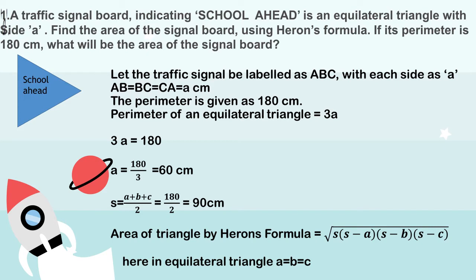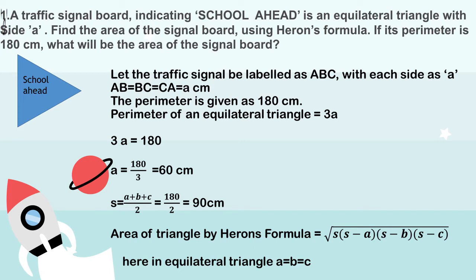In an equilateral triangle, the perimeter is equal to 3 times A, or I can write it as A plus A plus A, which is equal to 3A. So I will solve this for the value of A. A is equal to 180 divided by 3, and this gives me 60 centimeters. So you can see the side of the triangle is 60 centimeters.